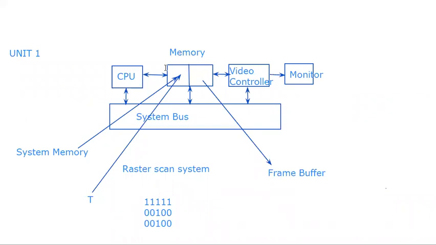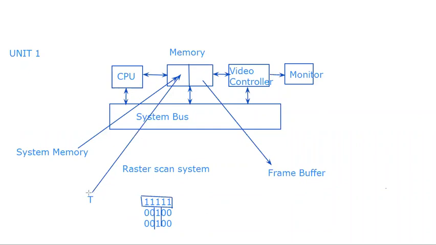Here you can see here it is 1, and similarly here also it is 1. So it will form a shape of T. All ones, if you connect all ones, it will form a shape of T. Right.